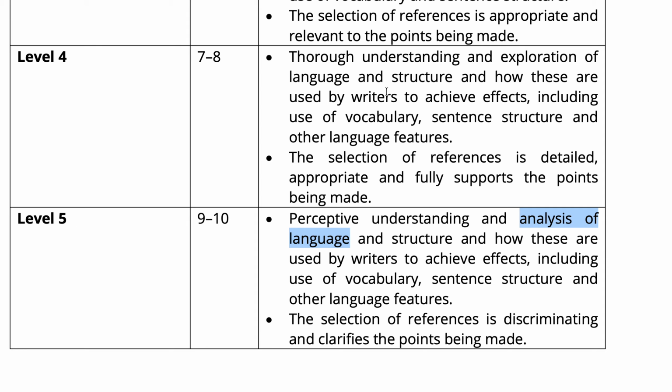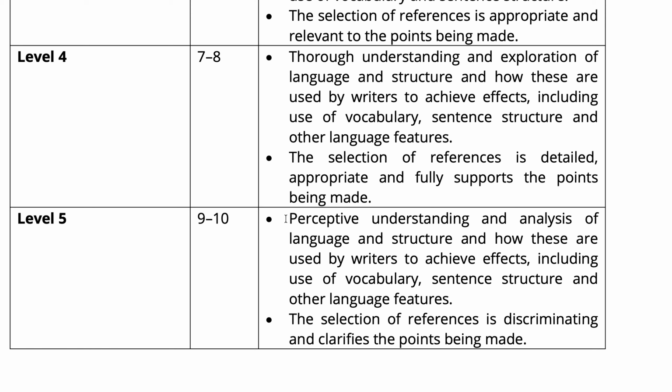There you go. That's exploration of language, being able to explore what the language is, like the difference between the two. But very few can go into analysis and kind of nitpick the deep meanings or the metaphorical meanings and hyperbolical meanings and whatnot. Very few people can do that. That's exactly what would distinguish between a level 4 and level 5 student.